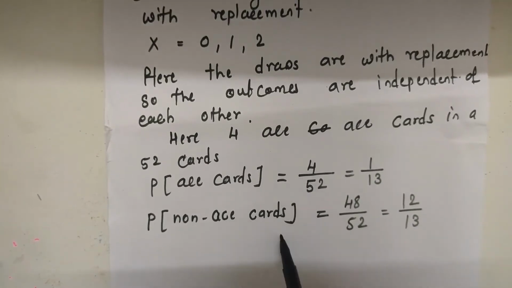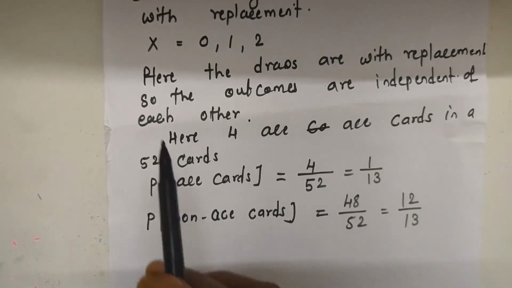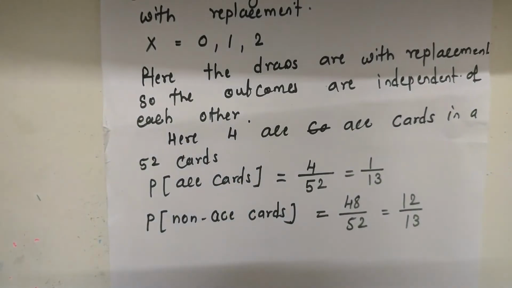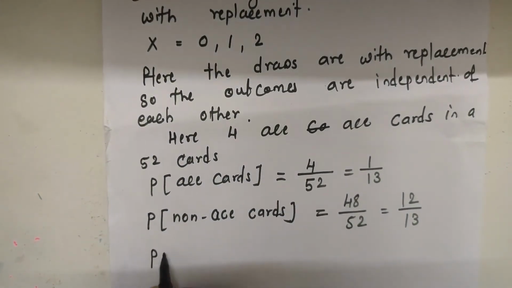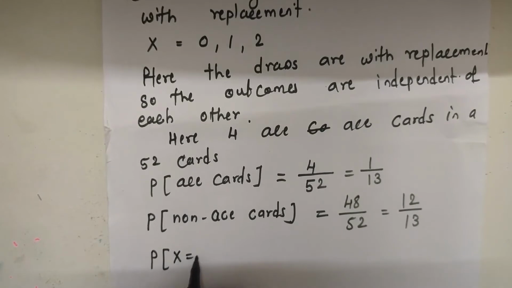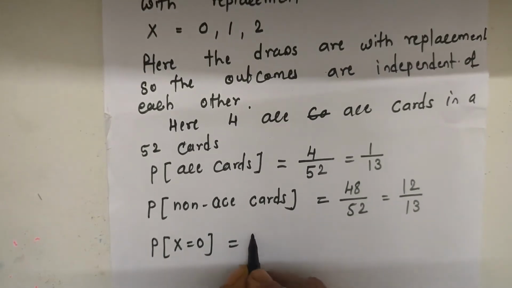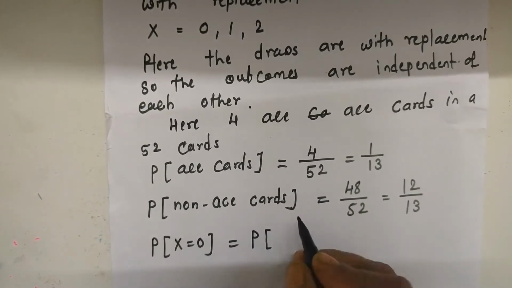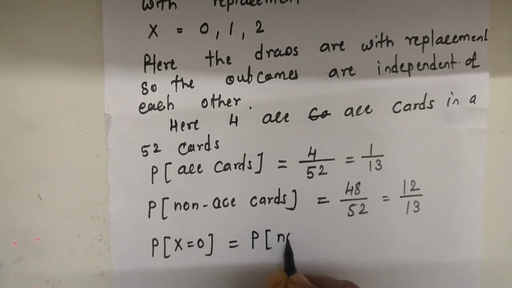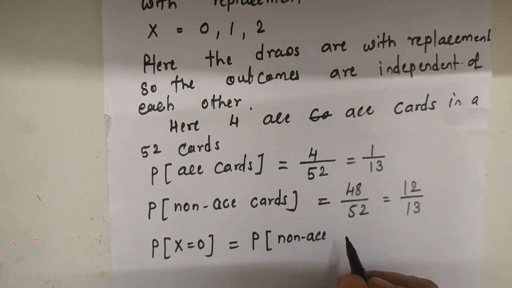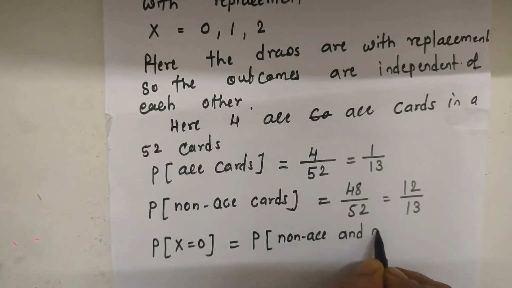Now using these probabilities we can find the probability for every value of X: 0, 1 and 2. The probability of X equal to 0 means there are no ace cards, meaning both are non-ace cards. That is, the probability that the first card is a non-ace card and the second card is also a non-ace card.